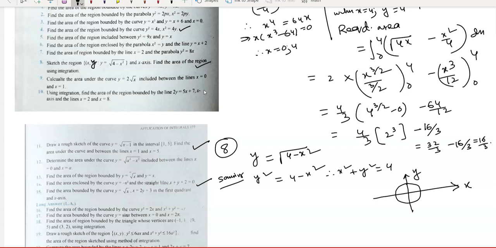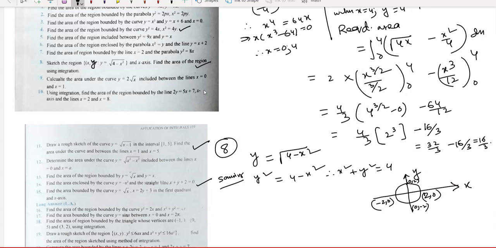They asked you to find the area when y equal to plus root of 4 minus x square. No minus sign will be there, only plus. It means if you have taken these points as 2, 0, minus 2, 0, of course 0, 2, and this one is 0, minus 2.